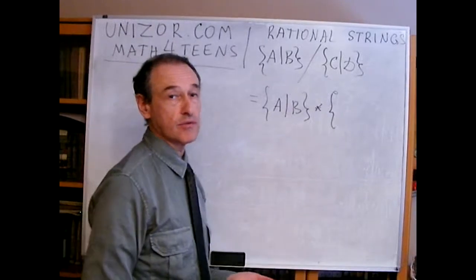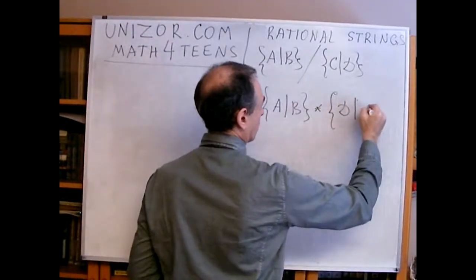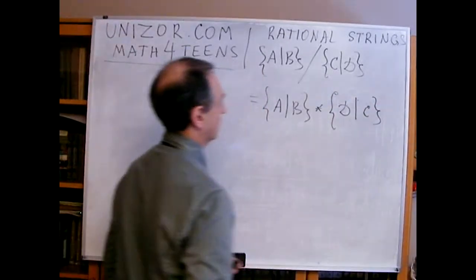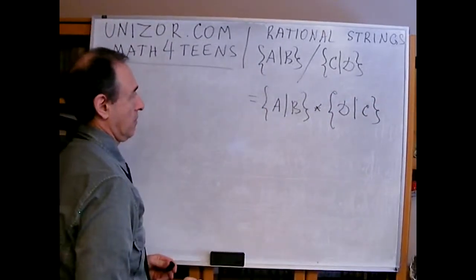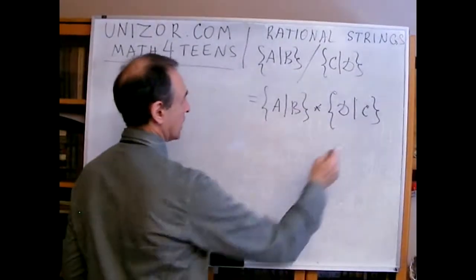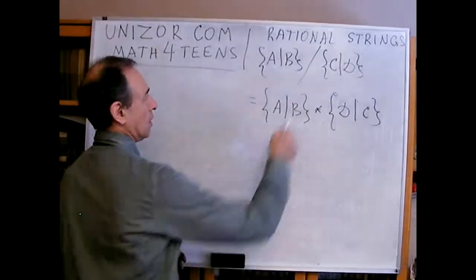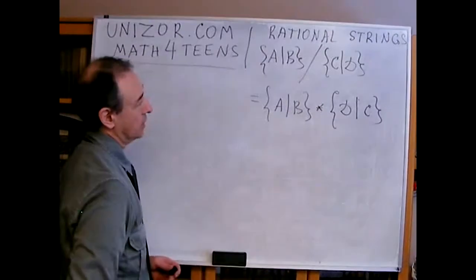And what is the reverse of C over D? Well, it's D over C. Which, by the way, indicates that C also should not be equal to 0. Otherwise, this division is not defined.